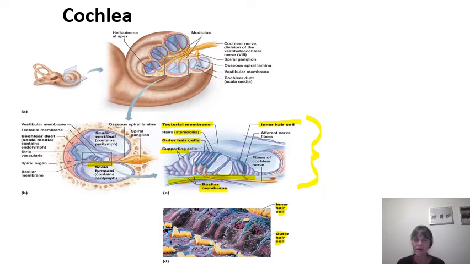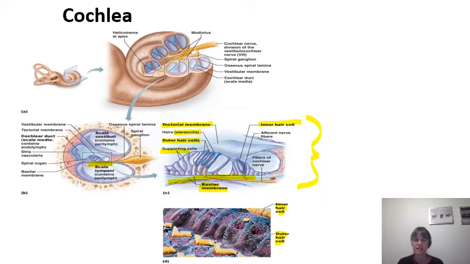And the outer hair cells have the job of fine-tuning the basilar membrane, because it's really the inner hair cells that are going to produce sound, and the outer hair cells may either amplify or dampen the actions of the basilar membrane, and that's what affects the inner hair cells to produce sound.